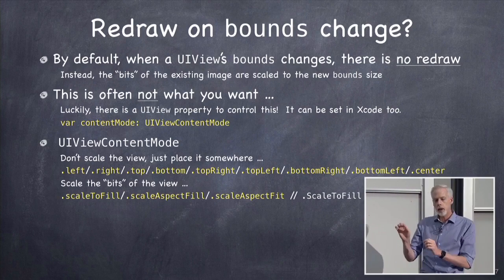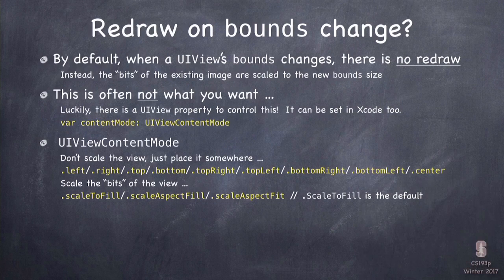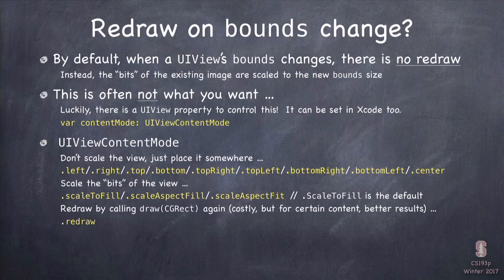There are also the scaling ones, and the default is scale to fill. That says, take my bits and my new bounds and scale it to fill. I can preserve the aspect ratio if I want, although again, that's probably going to cut something off. But the real one that you want is redraw. If you set your contentMode to be .redraw, then when your bounds change, your draw is going to be called, your draw rect, draw with the rect argument.